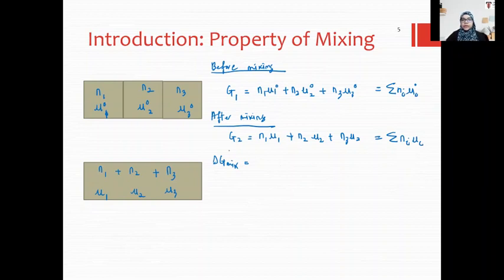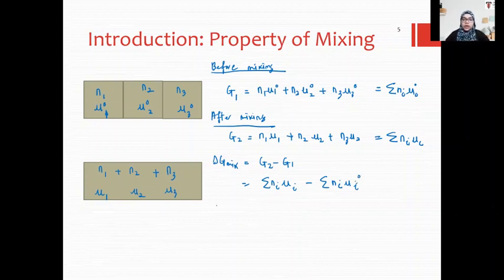So back to delta G of the mixing is G2 minus G1. G2 is this summation of mole composition and the chemical potential, minus the Ni mu i initial.